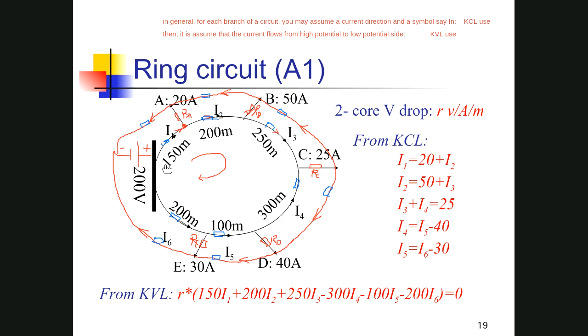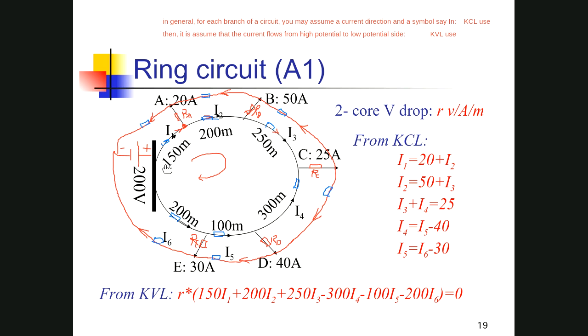We assume the resistance per meter is a value, say R or X, it doesn't matter. Then the total resistance along a given part of the cable is the resistance per meter times the length of the cable, and the voltage drop is the resistance per meter times the length and times the current.